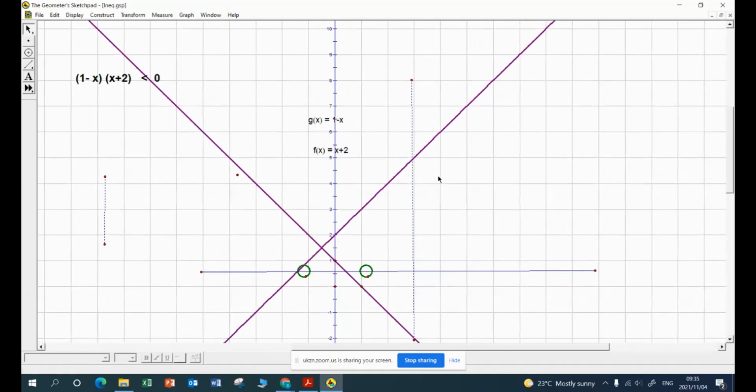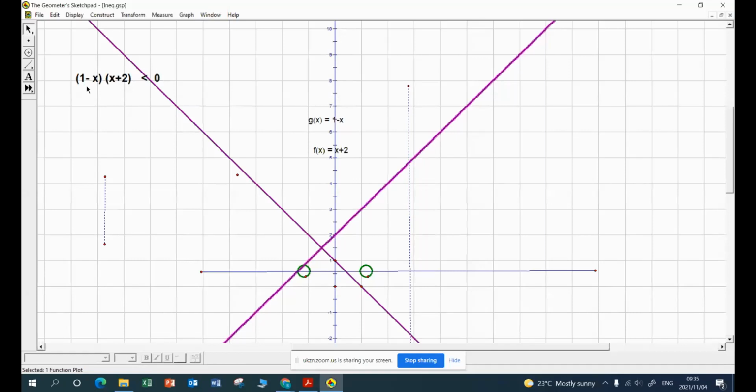But what I want to point out is, for x greater than 1, this vertical line cuts the straight lines at a y-coordinate which is positive and a y-coordinate that is negative. So if you look at a times b less than 0, what does that mean? When you multiply two numbers, one must be positive and one must be negative, so the outcome is negative. So understand the question: 1 minus x times x plus 2. These are two numbers. When you multiply them out, the outcome must be less than 0, and less than 0 means negative.